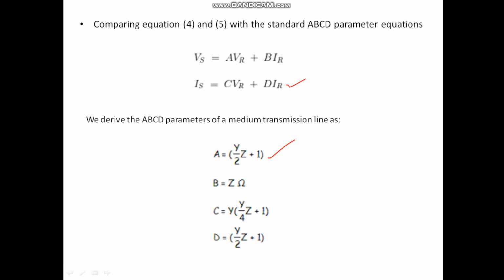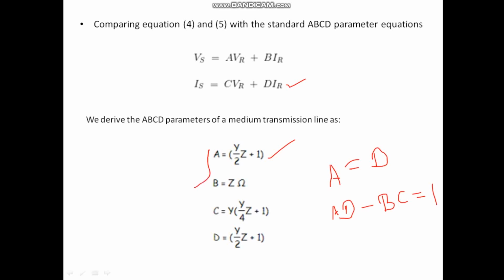So always you remember, A and D are always the same. Wherever it is, when we talk about the transmission line parameters, A is always equal to D. And AD minus BC, whenever you solve this, you always get the answer equal to 1.